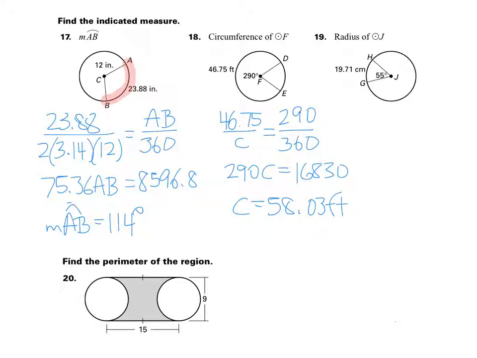And then the tricky one is going to be when you have to try to find radius. So you have 19.71, 2 pi r, so I'm going to just call that 6.28 r, equals 55 over 360.